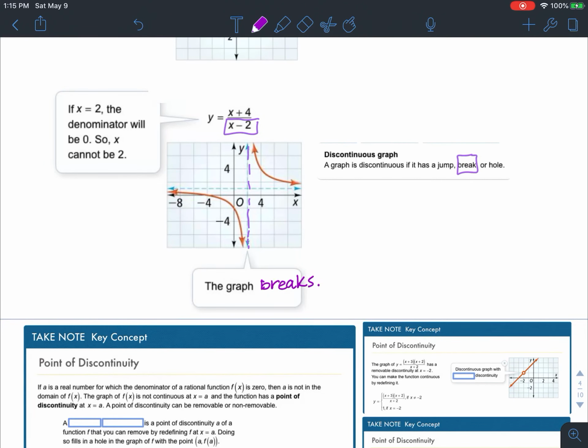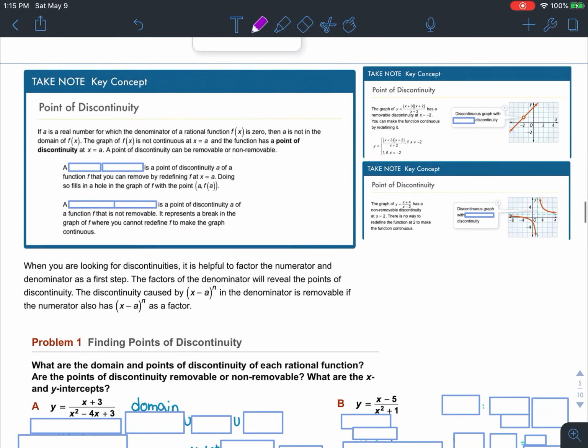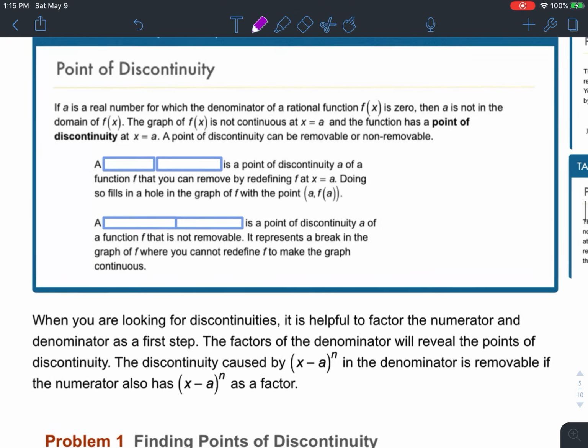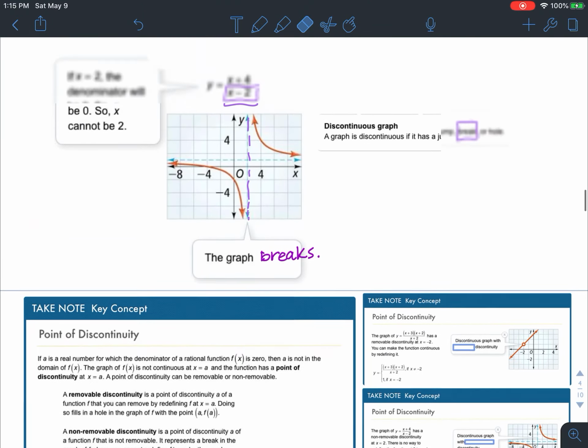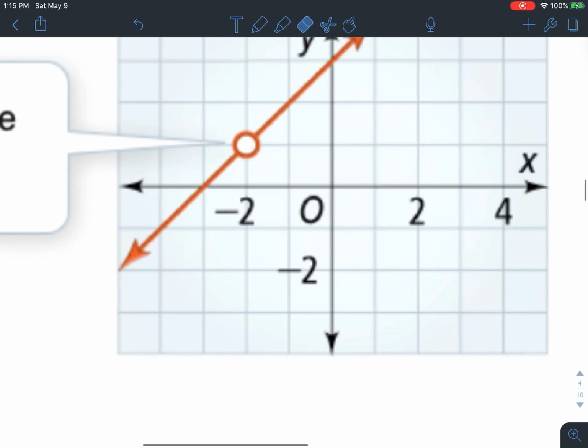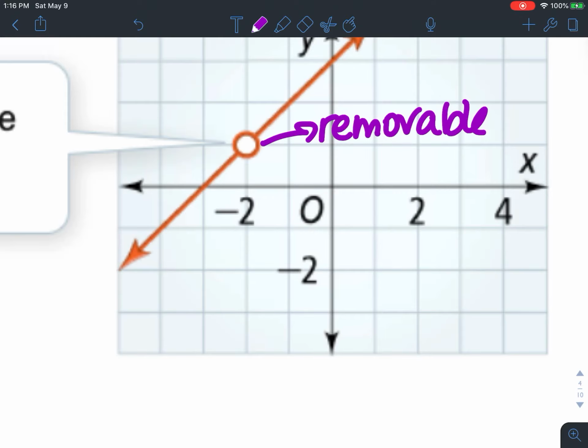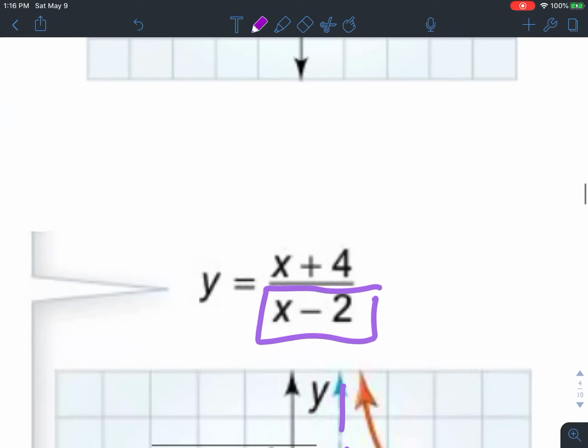Alrighty. So let's talk about this idea of continuity. There are two types of discontinuity. There's removable discontinuity, and there's non-removable discontinuity. This is a lot of blah, blah here, but let me tell you how it works. A hole is called removable. Anything else is not removable.